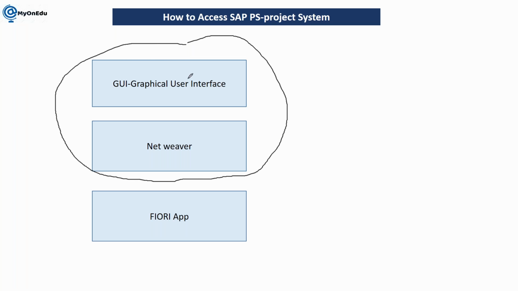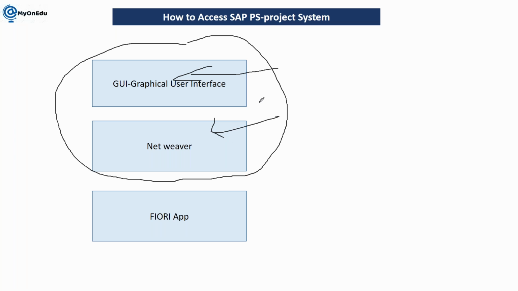When we execute any SAP transaction, we access it through GUI or NetWeaver, so those were our interfaces. But SAP now, with S4 HANA, is focusing on user experience, meaning whenever we access the system, it should give a good experience to the user so that he will not hesitate to execute a transaction.